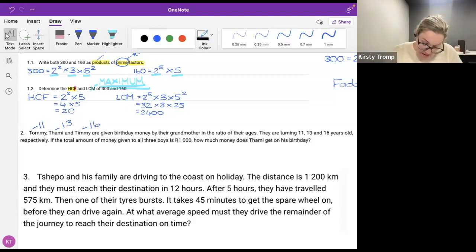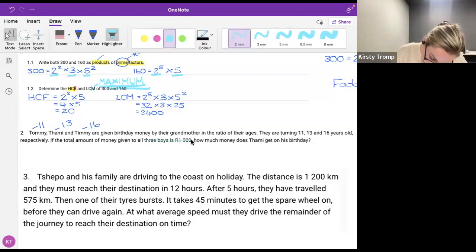If the total amount of money given to all 3 of the boys is 1,000 Rand, how much money does Tommy get on his birthday? I think it's important first of all to work out how much all of their ages are together, because they told us in this question how much all 3 boys got.